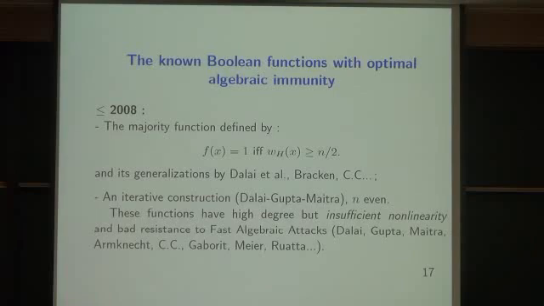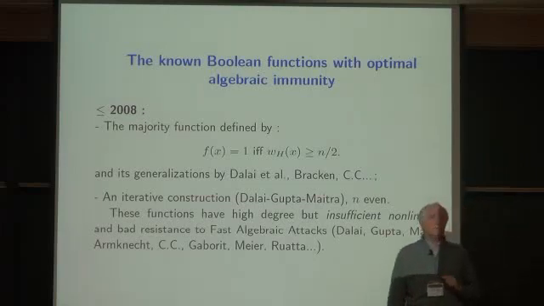But the problem is that, as I said, in crypto, you don't need to find functions achieving good parameter for one parameter, but for all parameters. And the other parameters were bad. The functions were balanced, okay, but they had bad nonlinearity and also bad resistance to fast algebraic attacks.